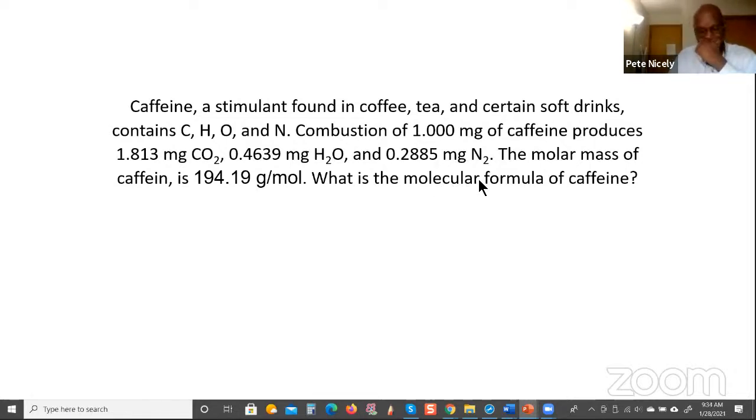Okay, so the first part of tackling this problem is similar to what we did the last time. We're going to first start off with the 1.813 grams of CO2, and we're going to find out the mass of carbon present in this mass of carbon dioxide.